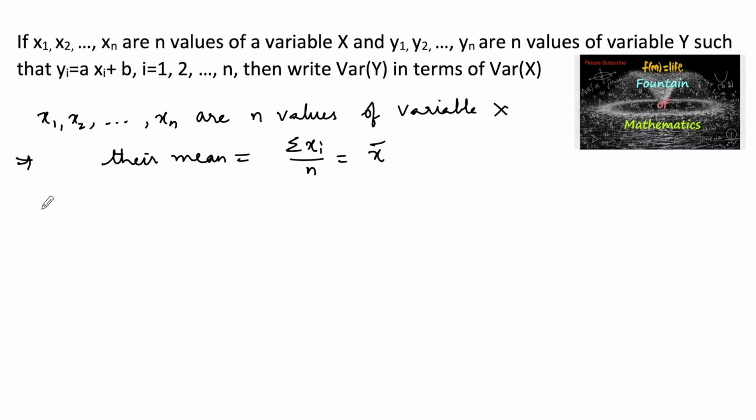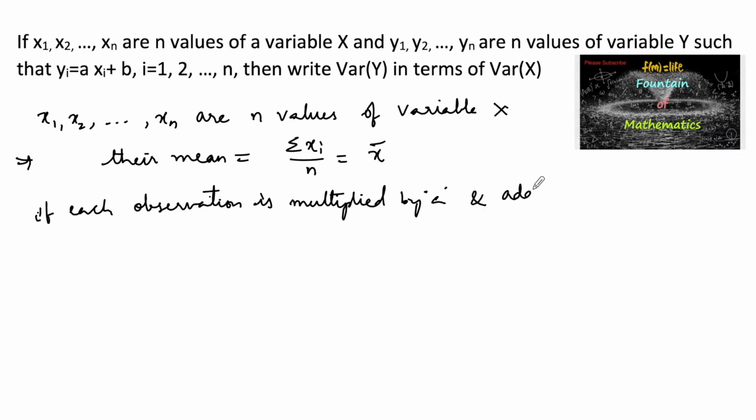And we know that if each observation is multiplied by a constant, say a, and added with another constant b, then their mean will be considered to be a x bar plus b, meaning the mean is also multiplied with a and added with a constant b.